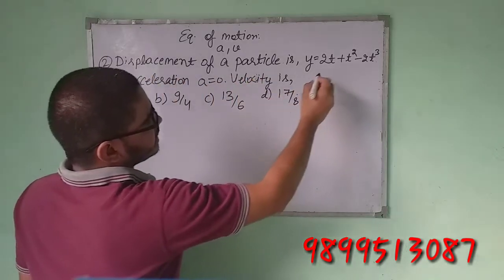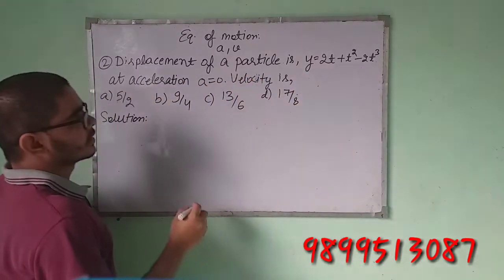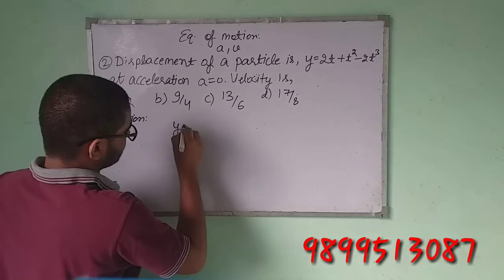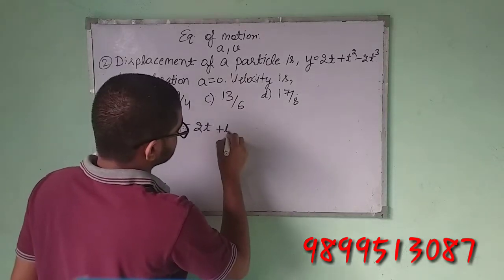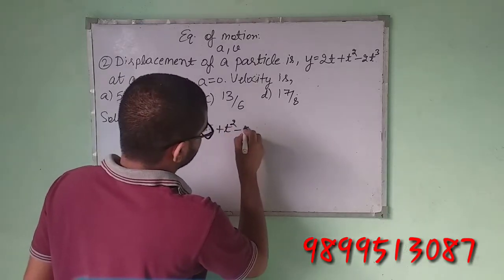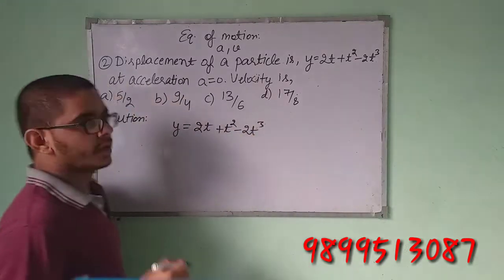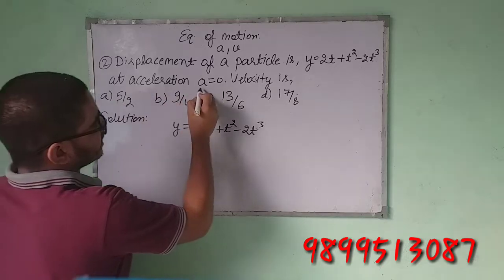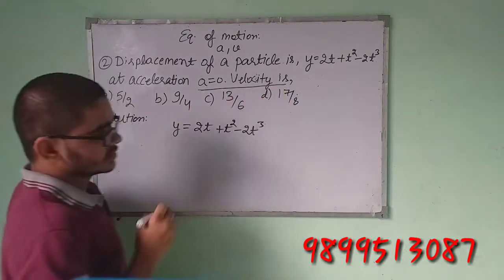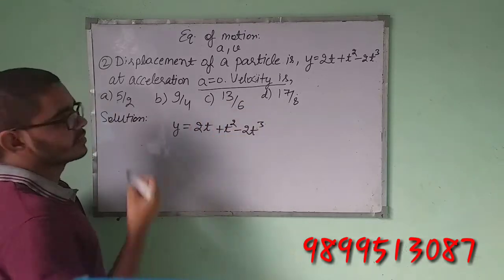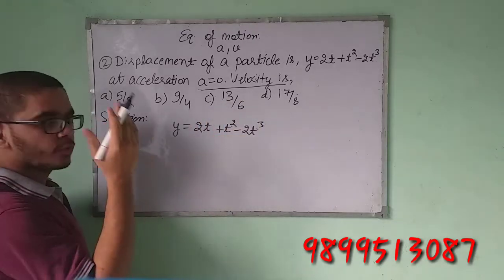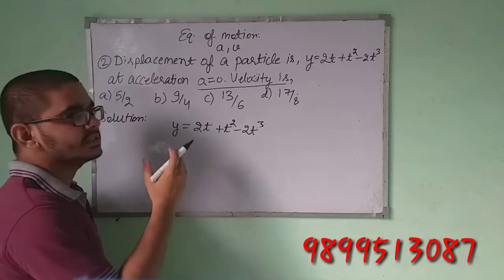The displacement of a particle is this one. So we are given the displacement, that is y equal to 2t plus t square minus 2t cube. At acceleration a equal to 0, we have to find the velocity of this particular body at the point when its acceleration is 0.